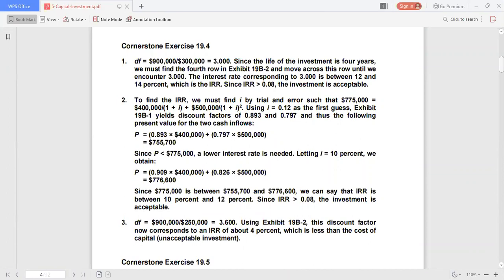We must find I by trial and error such that 775,000, the cost of the investment, is equal to 400,000 divided by 1 plus the interest rate, plus 500,000 divided by 1 plus the interest rate squared. So we have I equal to 12% as the first guess. Exhibit 19B1 yields discount factors of 0.893. So if you look at year 1, you look for the factor.